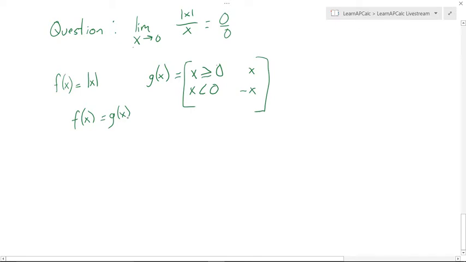So let's simply think about this one conceptually. We know that we're getting different values as we approach from different sides. So if I evaluate this limit from both sides, I might be able to get a more clear answer.